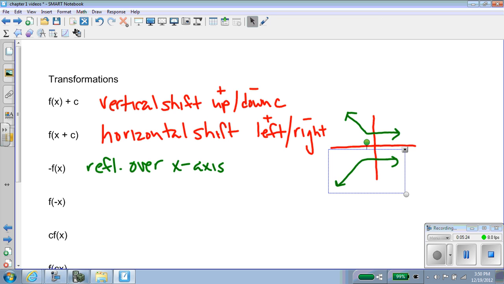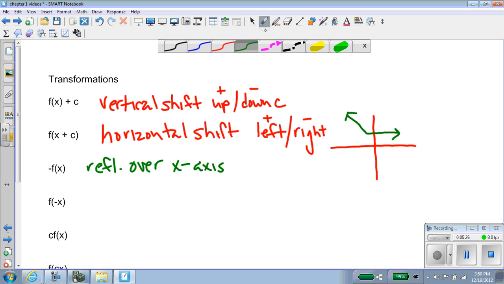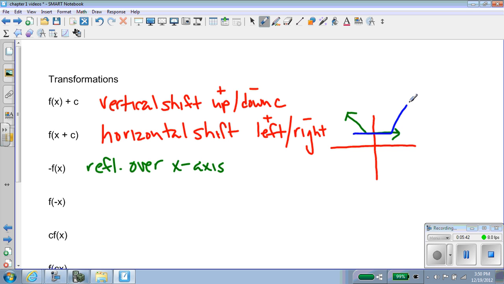F of negative x, hopefully it will make sense then that f of negative x will take what was left and make it right, and what was right and make it left. So it's going to create a graph that reflects over the y-axis.